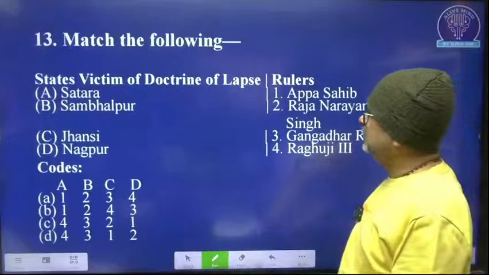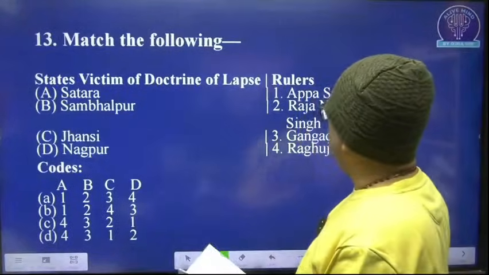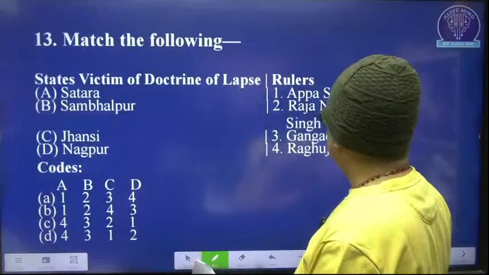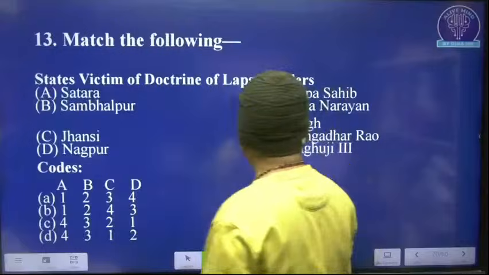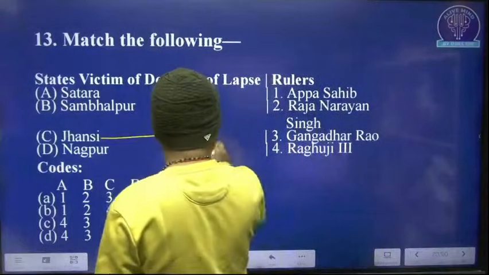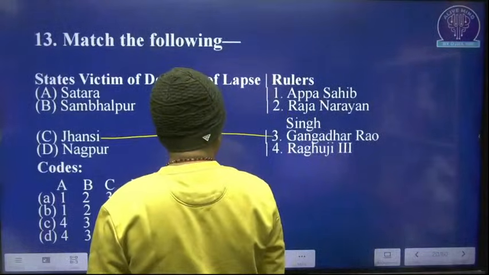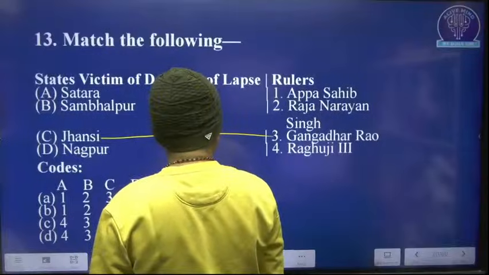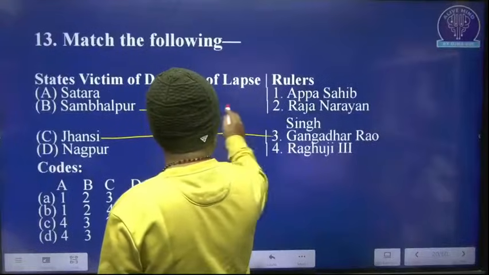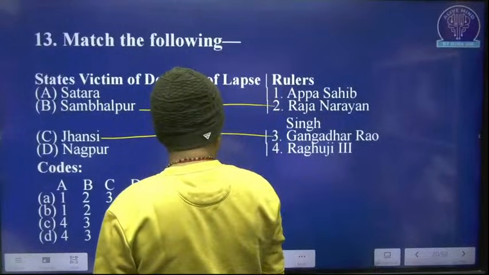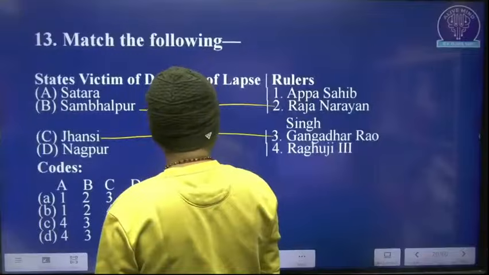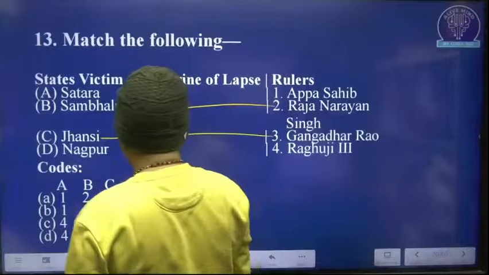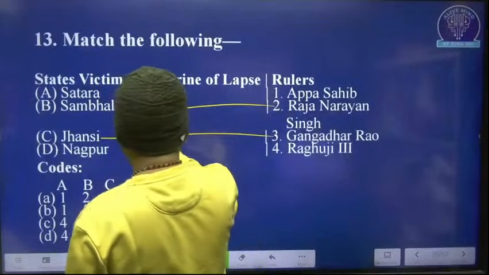12th, 13th. States victim of doctrine of lapse. Jhansi, Gangadhar Rao. Sambalpur, Raja Narayan Singh. Satara.